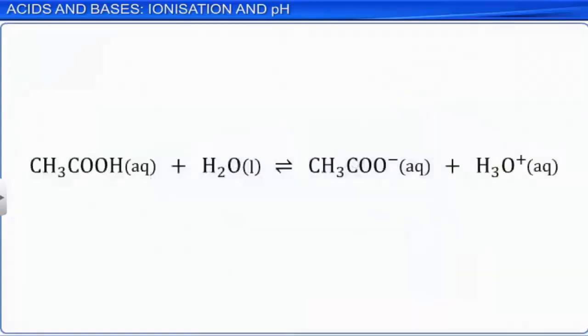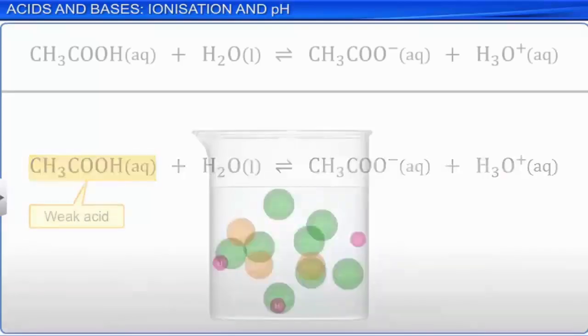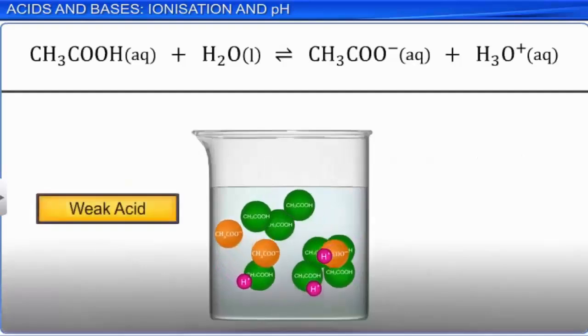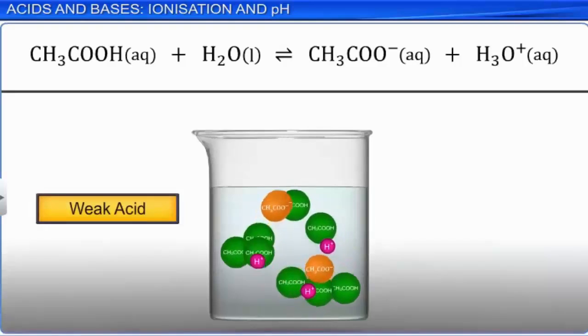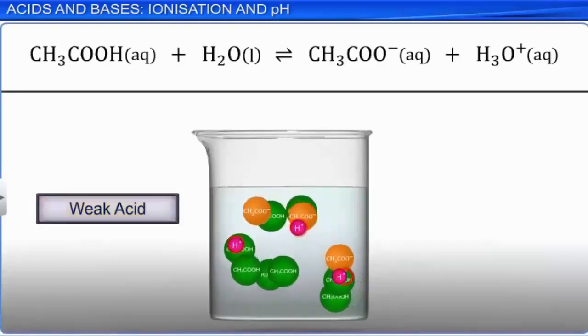Now, let's consider the dissociation of acetic acid in water. It is a weak acid. The term weak acid means that it undergoes dissociation to a less extent, and thus, very few ions are present in the solution.